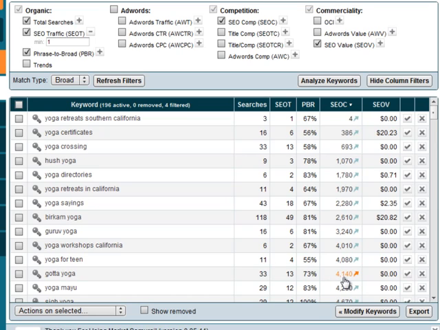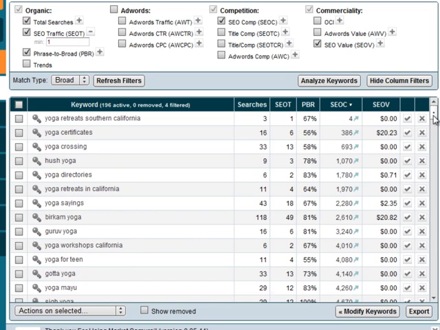I consider anything under 5,000 to be really a gold mine of opportunity if it's got decent traffic and there's definitely people searching for you. So this is the kind of thing you want to look through and say, oh, these are pretty easy targets with decent traffic. Do I believe that they have people that are buyers or prospects for me looking for them? Are they good? Yoga directories, you might say, no, that's not really that important. But other things in here are.